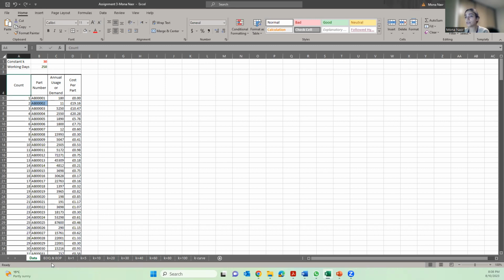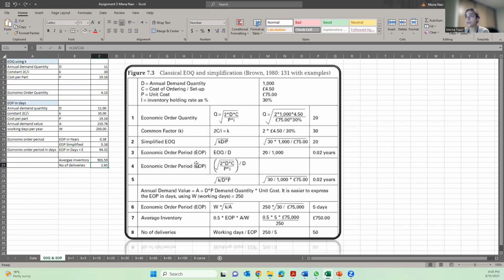So to calculate EOP and EOQ, I attached a picture of formulas here. First, to calculate annual demand value, right, it's here, annual demand value.